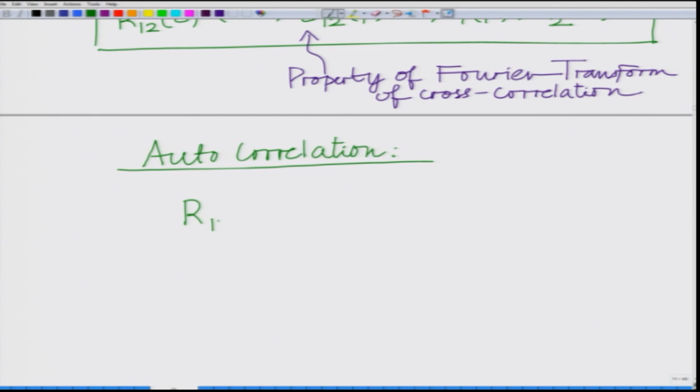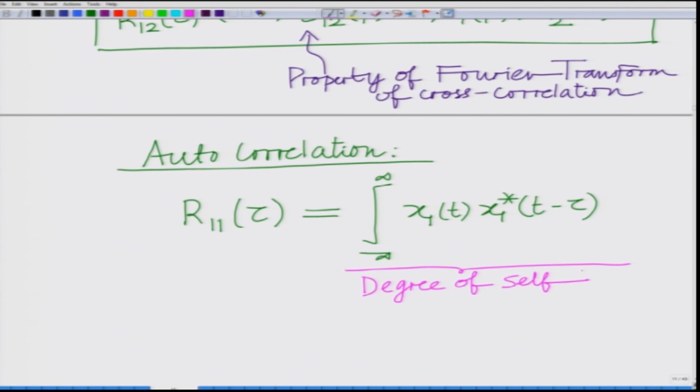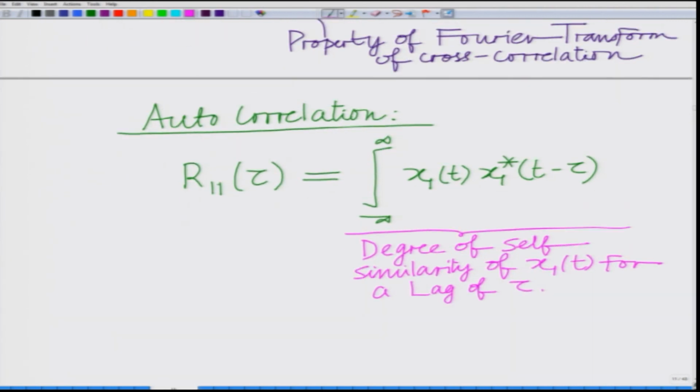So, the autocorrelation R11 of tau measures the degree of self similarity of x1 of t for a lag of tau.